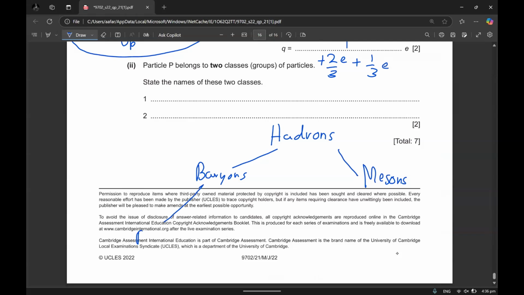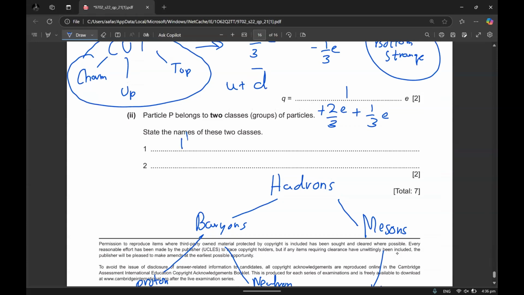Baryons are basically protons and neutrons, and mesons are those made up of a quark and an antiquark, like we have a pion, kaons. So the two classes will be hadrons and the other class will be mesons.